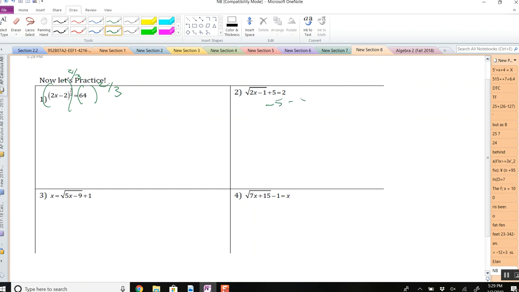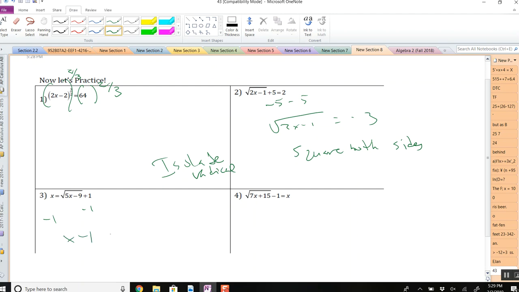Here you guys subtract the 5 first, and then square both sides. Remember, you have to isolate the radical. And if you think about it, since the 3 has a power that is part of a radical, it was already isolated for number 1 to begin with.